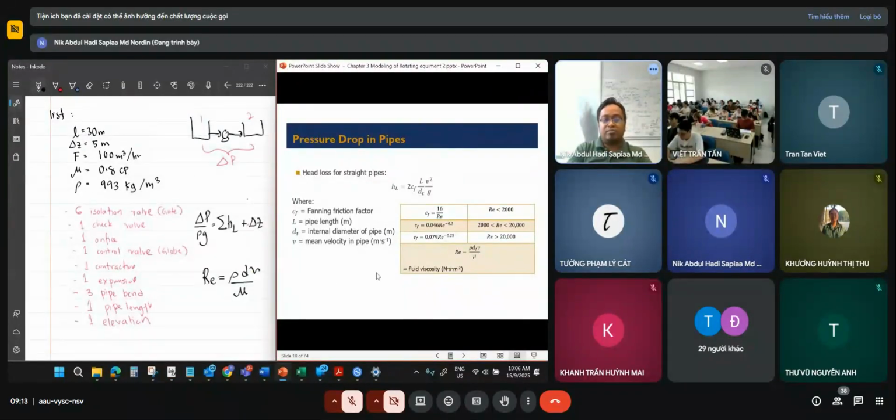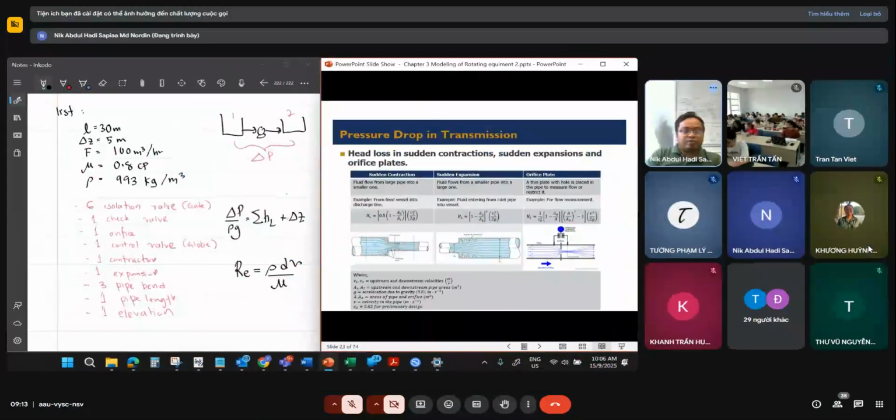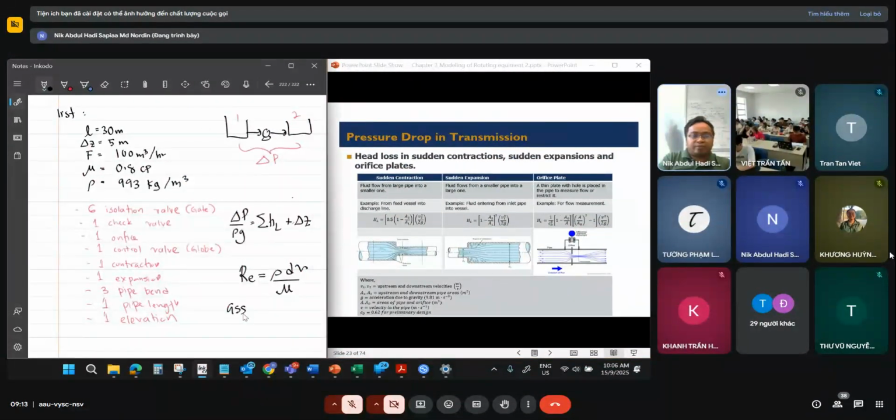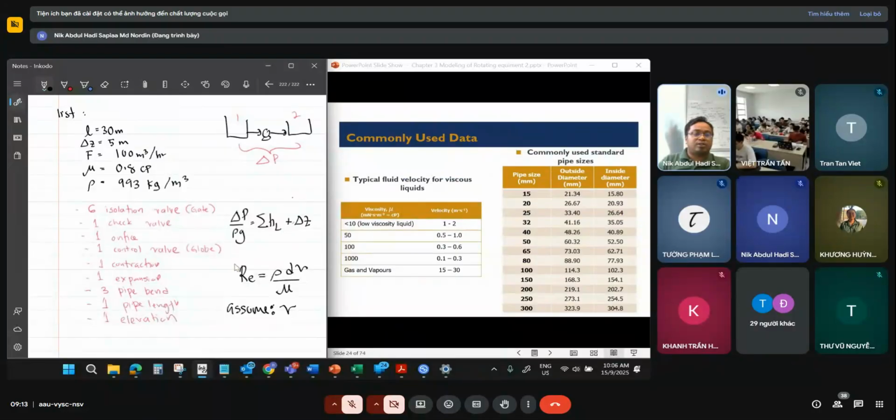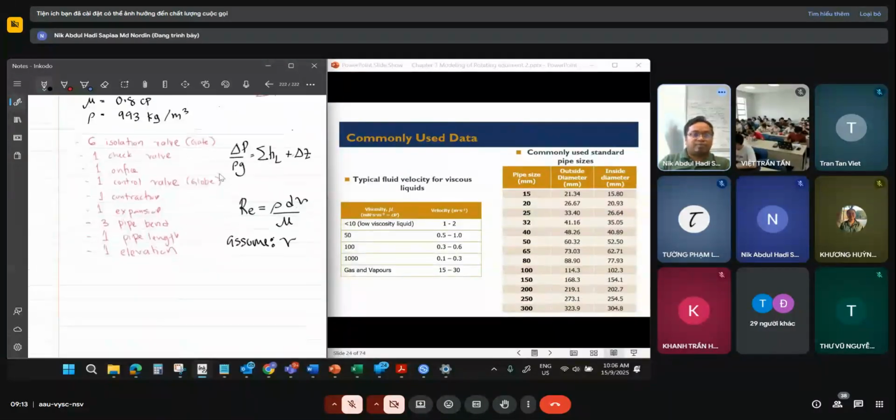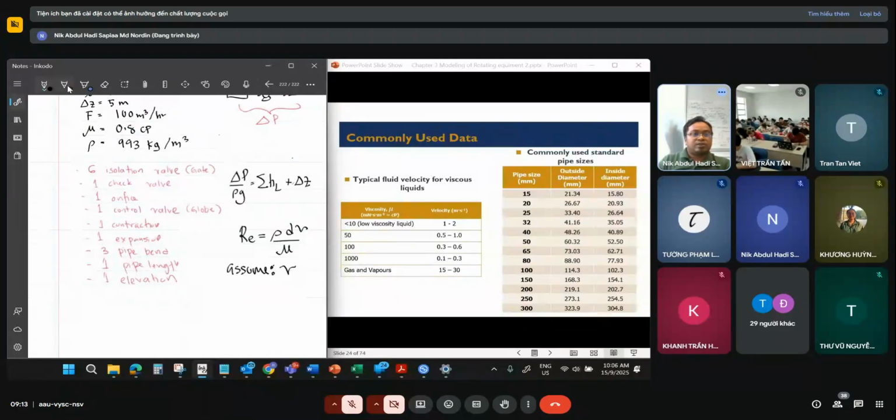So that's when we need to assume the velocity, because we cannot calculate the velocity without identifying the geometry of our flow. So just to recap, we are only given the flow rate F.